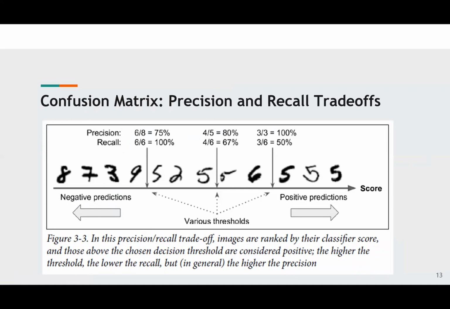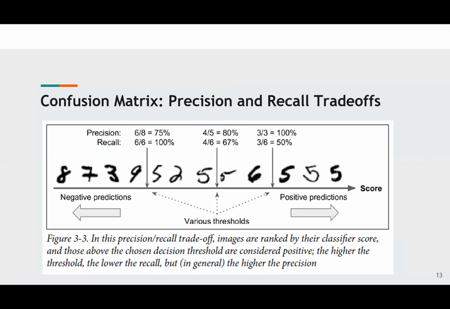Let's look at another one. What if we use this threshold? What happens is you have 4 out of those 5 correctly predicted as positive. So you have 80% precision, but on the other end, you only have 1, 2, 3, 4 out of all the 6 fives. It's only 67% recall.